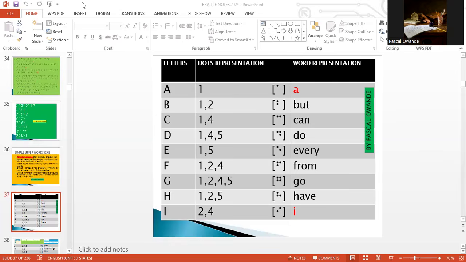Letter G, dot 1, dot 2, and dot 4, 5. Word representation is go. Letter H, dot 1, dot 2, and dot 5, giving us a word representation, have.